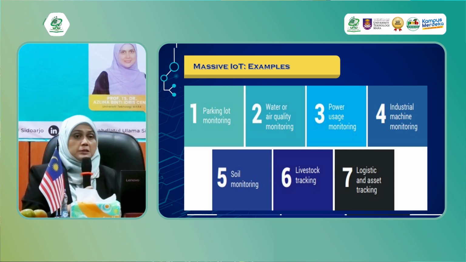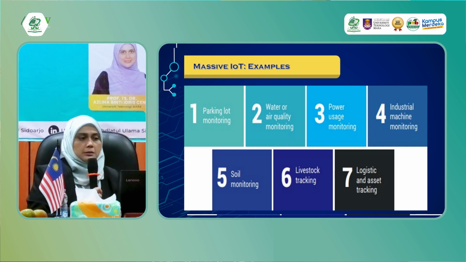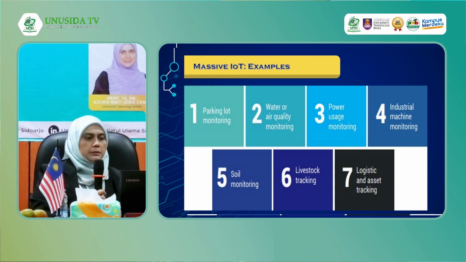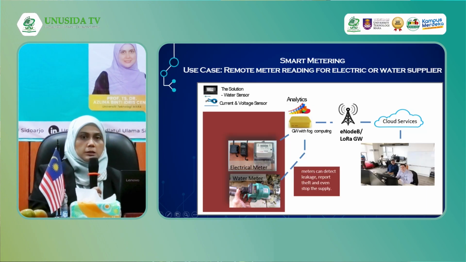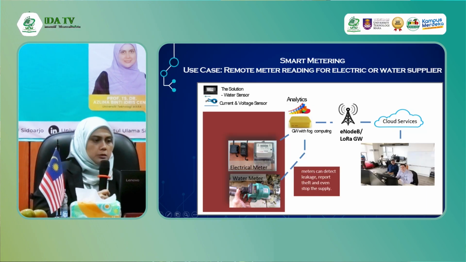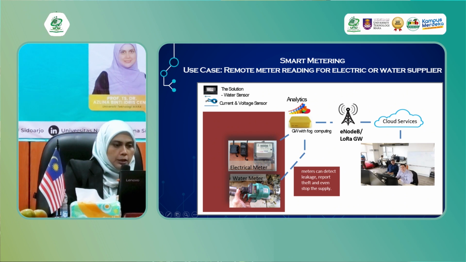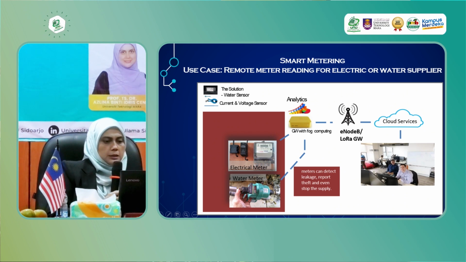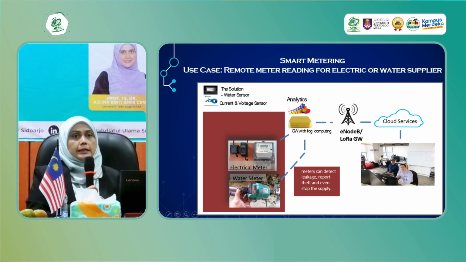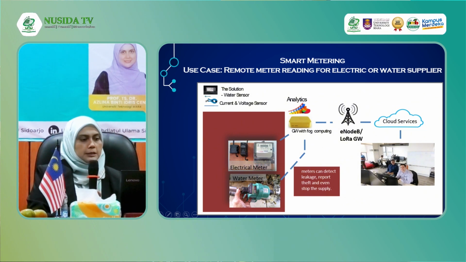Okay, so I will explain just a little bit about examples of smart metering. So use remote meter reading for electric or water supplier. So right now, you have electrical meter or water meter. So meters can detect leakage, report theft, and even stop the supply.